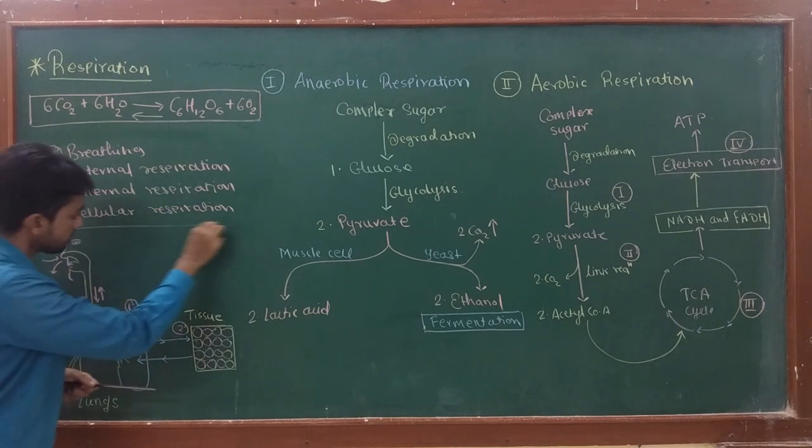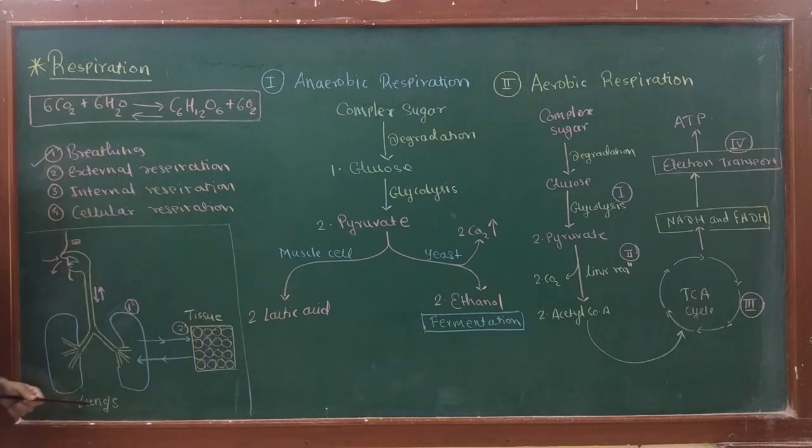This is the respiratory system of the human. We know that the human respiratory system has nostrils, nasal chamber, pharynx, larynx or the voice box, trachea or windpipe, bronchi, bronchioles, and the left and right lungs.